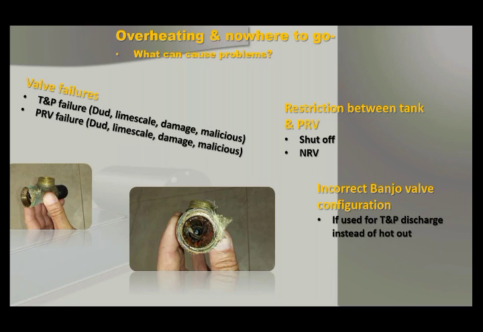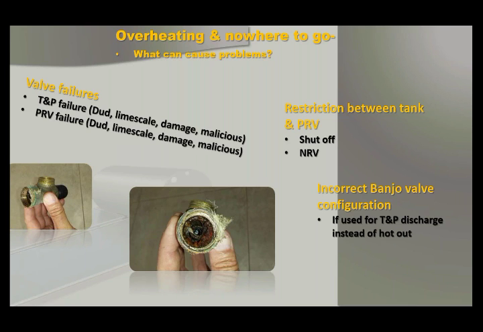So you do have TP and PRV valve failures as causes of problems, but it's in the minority. So usually they're damaged, or it's a limescale buildup, or it's malicious. We've all seen, well, I've certainly seen TP valve outlets plugged with plugs, or a piece of pipe on there and a cap put on.